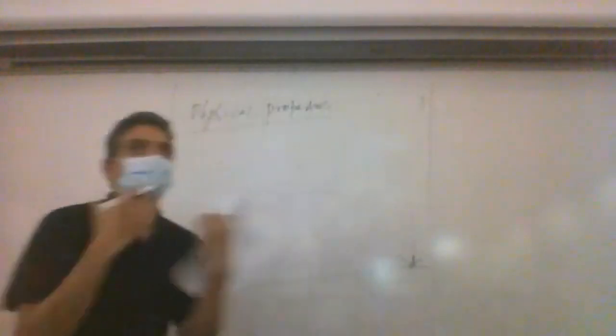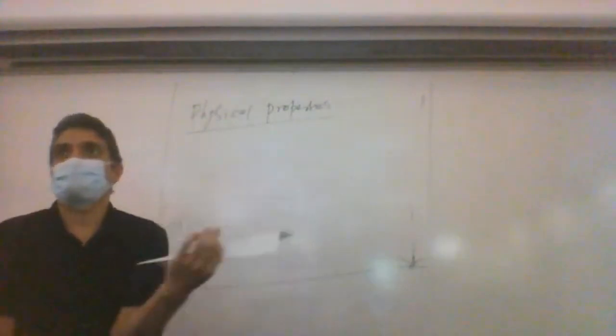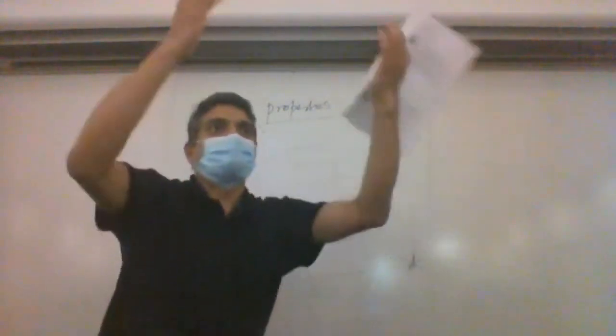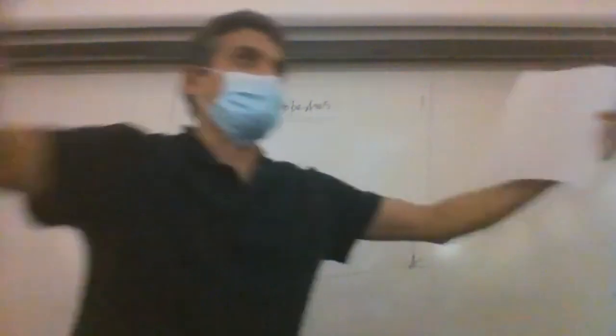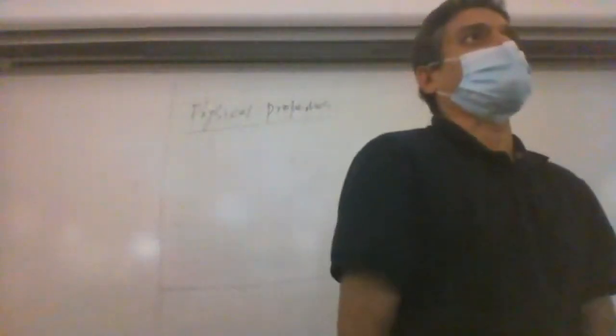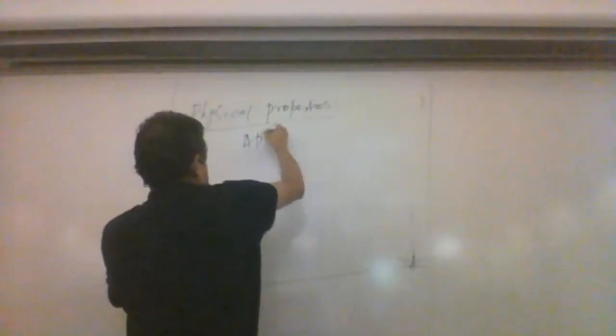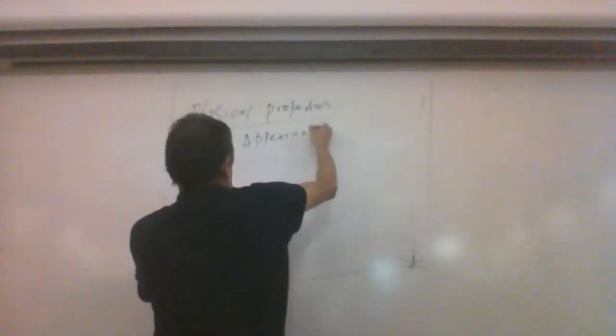Physical properties are simply how things appear. You don't have to break them chemically into different compositions. You just go there and measure it. That's called a physical property. So physical properties are basically the appearance of things, how they appear, all right?